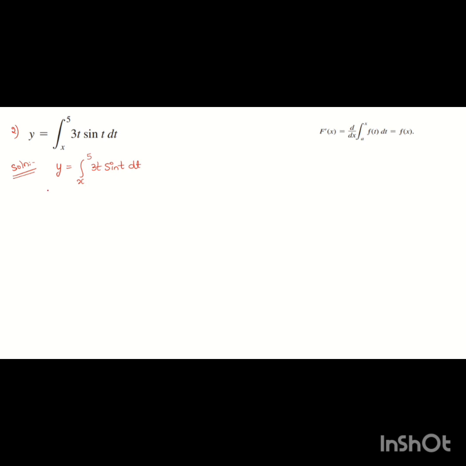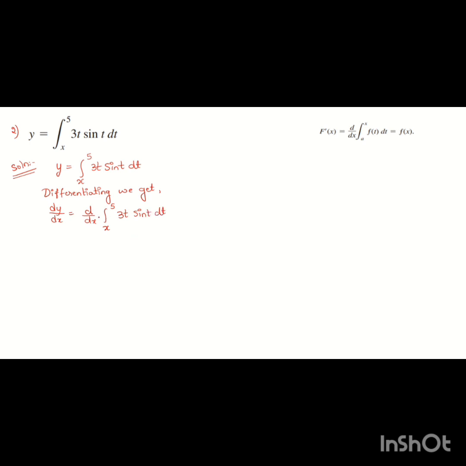If you want to find dy/dx, we need to differentiate. So differentiating, we get dy/dx, that equals d/dx of the integral from x to 5 of 3t sin t dt.